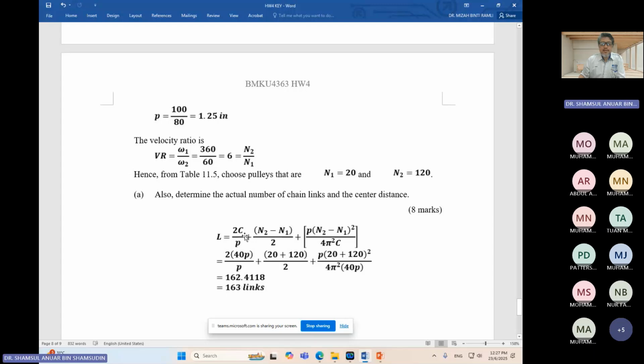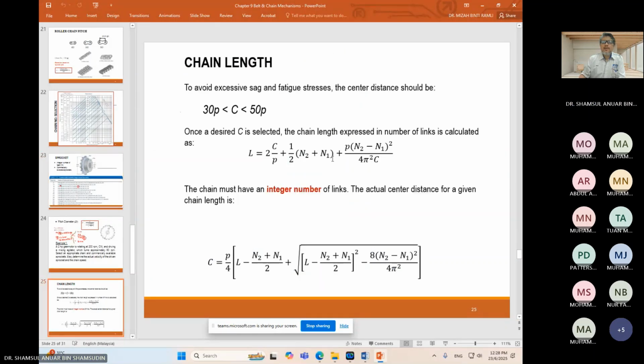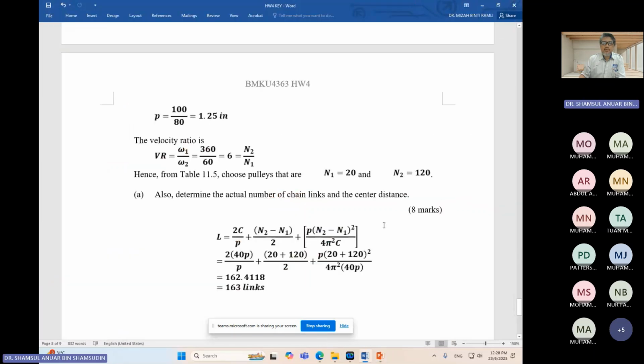You put in C as 40P, and put in whatever you decide for N1 and N2, and here I leave the P as P. But this one has no P. Check this equation again. So I guess you have to put in the value for P. P is 1.25.